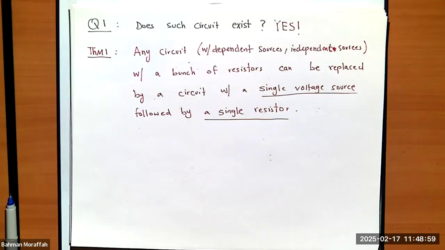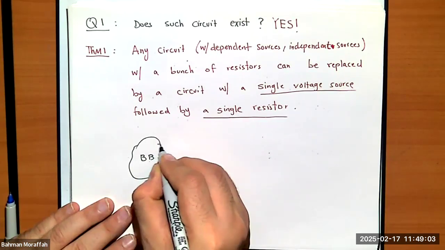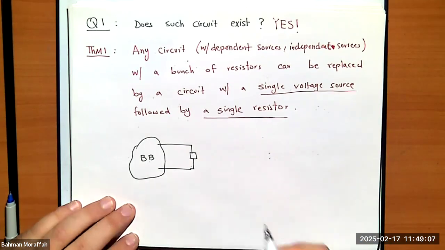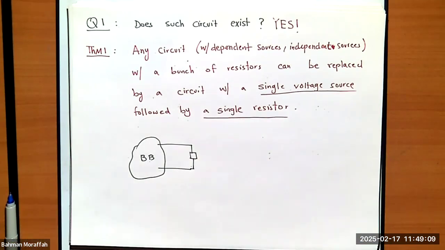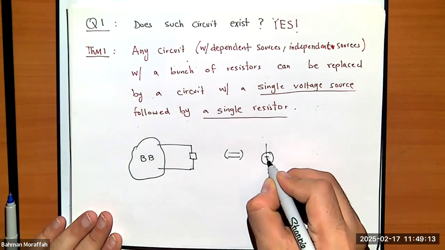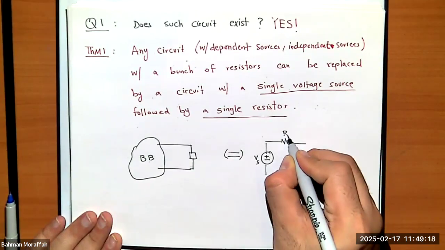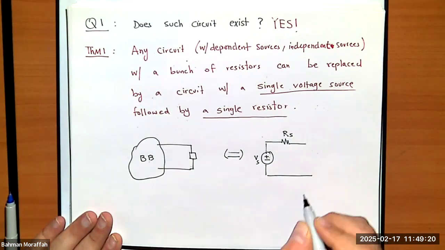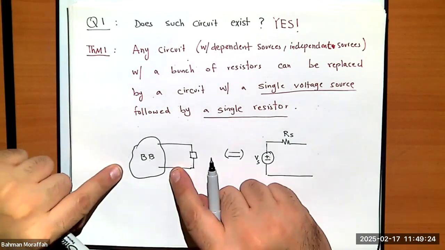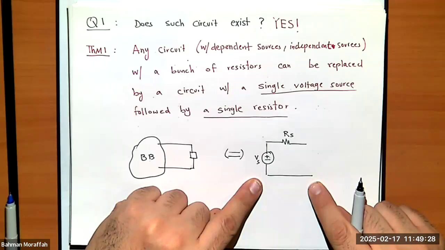So pictorially, what it means is that I have this black box over here, which is connected to some element. I can replace this black box by a voltage source, Vs, followed by a resistor Rs, such that the external behavior of this black box is exactly the same as this little circuit over here.